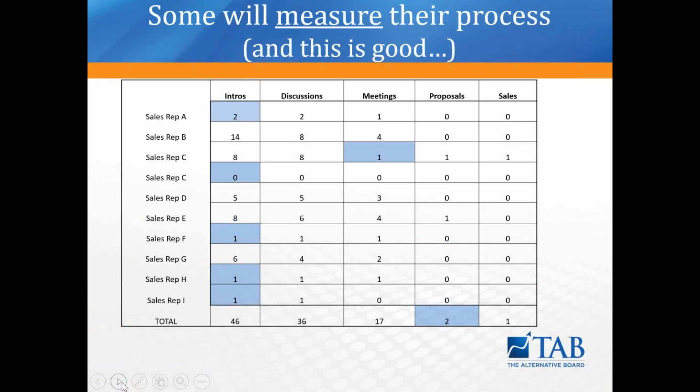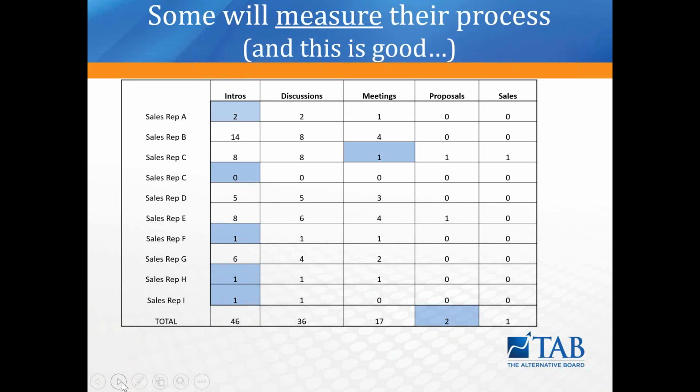Now, some people actually measure their process, whether it's the business owner as the only salesperson or rainmaker, or maybe they've got a team of people, and they measure things like the number of introductions that they get in a week or a month, the number of meaningful discussions they have, the number of meetings that are held.